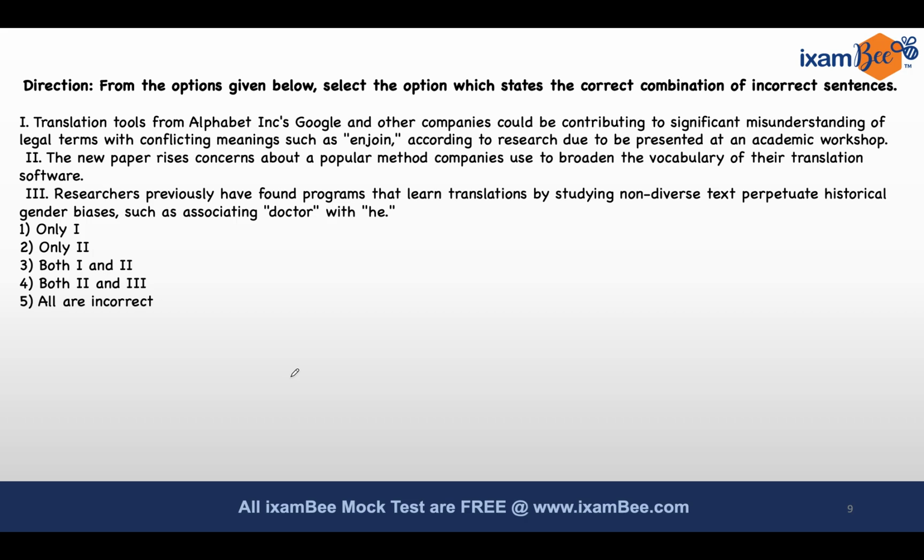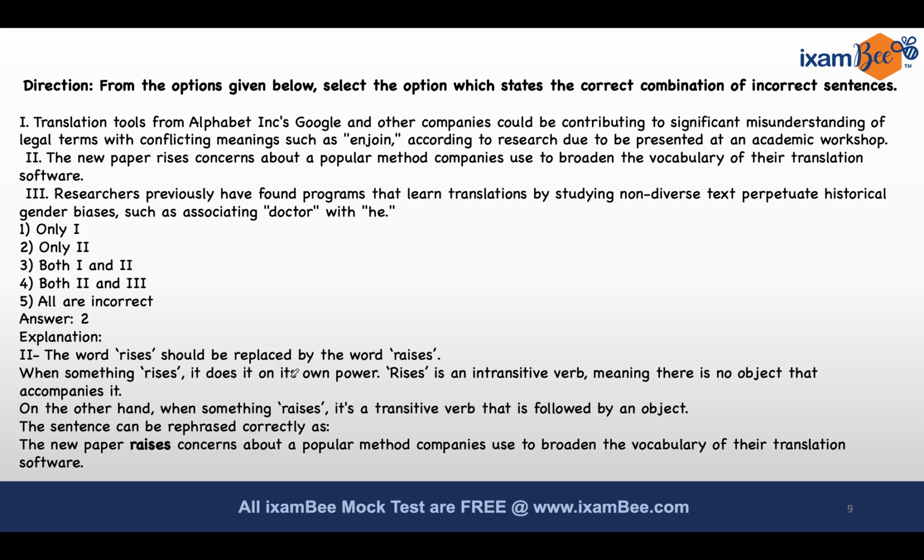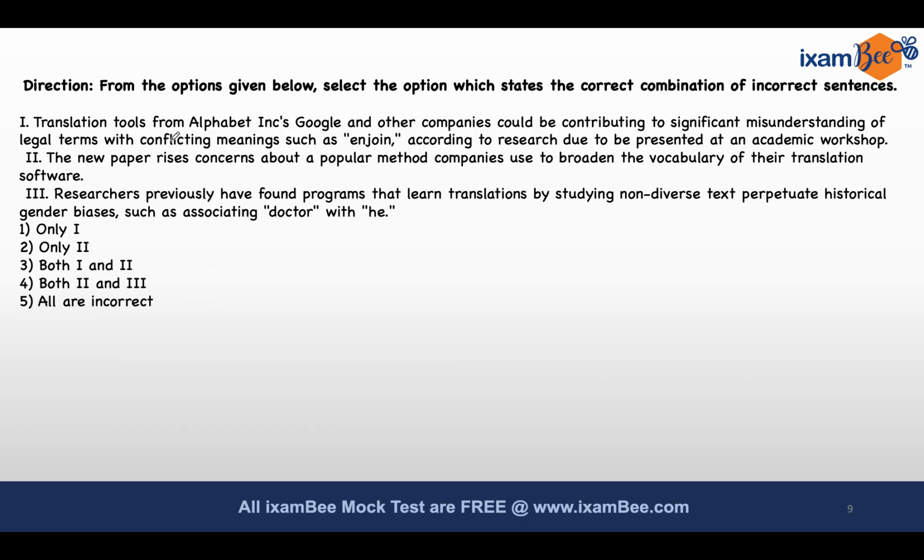Let's quickly take a look. So here, if you read, translation tools from Alphabet Inc.'s Google and other companies could be contributing to significant misunderstanding of legal terms with conflicting meanings, such as enjoying, according to research due to be presented at an academic workshop.